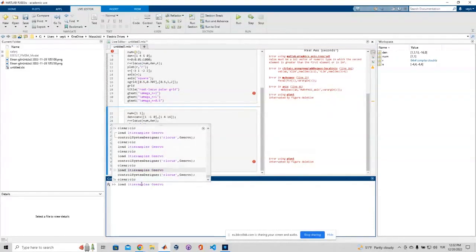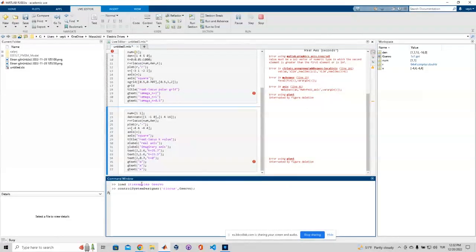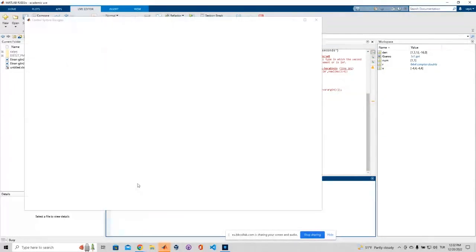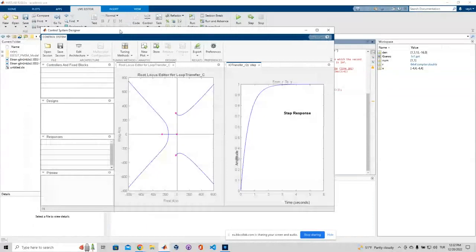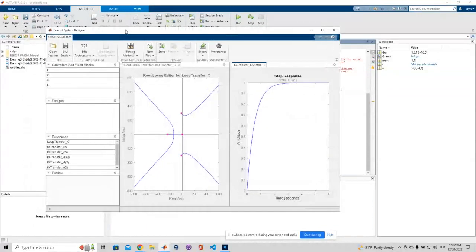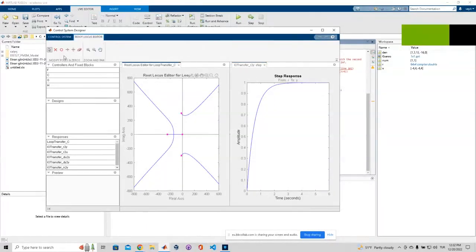Okay, let's take a look at another example here. You have the control system designer, in which you can see your root locus and your step response. In here, you can add zeros and poles.